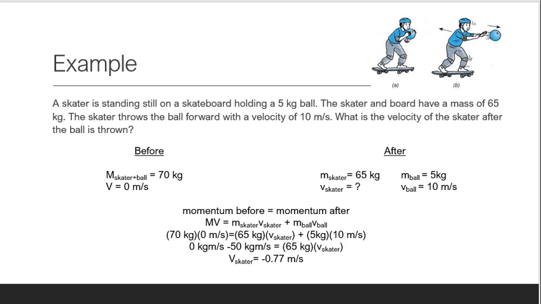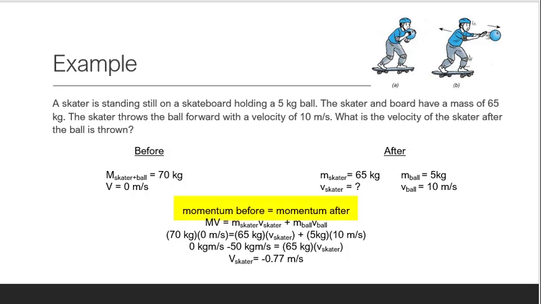And so here's a mathematical example real quick. If you plug in the math for this, before you have the mass of the skater and the ball, and the velocity of the two things stuck together is 0. And then afterwards, we have the mass of the skater, and we don't know what the velocity of the skater is, but we do know that we have that ball that's 5 kilograms, and we threw the ball at 10 meters per second forward.